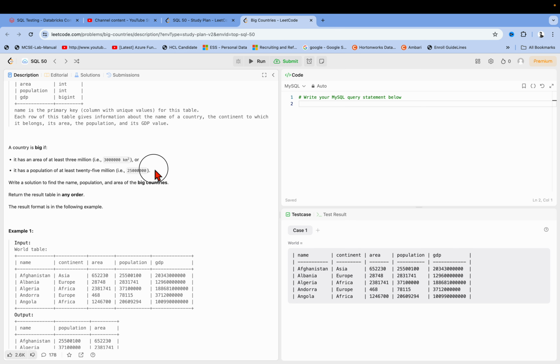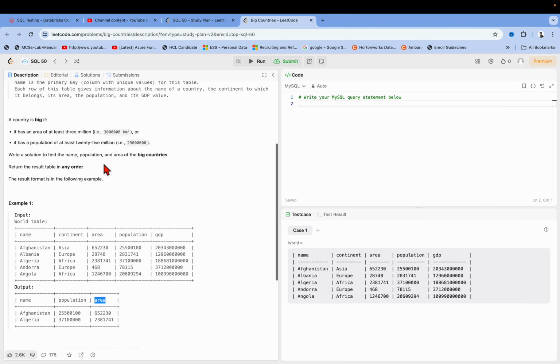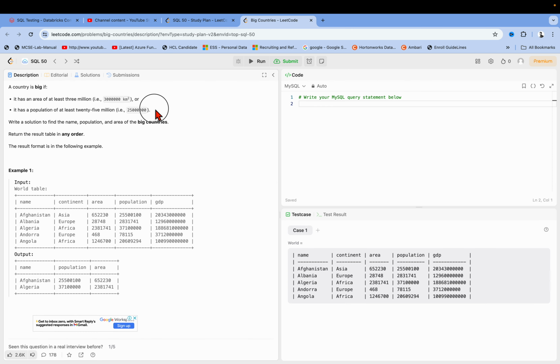They have given the definition of a big country, so we have to write a query to find name, population and area. Okay, so name, population and area we need to select from this World table, and this is the condition we have to write down.